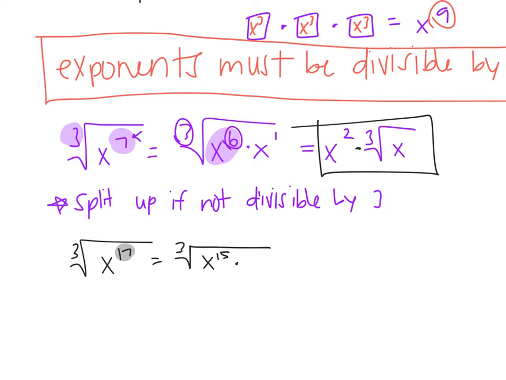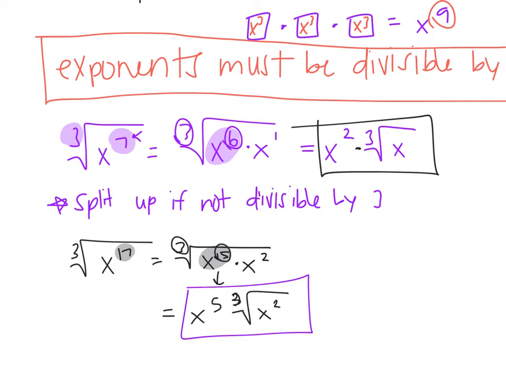Well, x to the 15th times x to what power is going to give me x to the 17th? x squared. Now we simplify x to the 15th power. The cube root of that is going to give me x to the 5th, because 15 divided by 3 gives me 5. And then I cannot do anything with my x squared, so I'm going to be left with the cube root of x squared. So this would be my final answer.